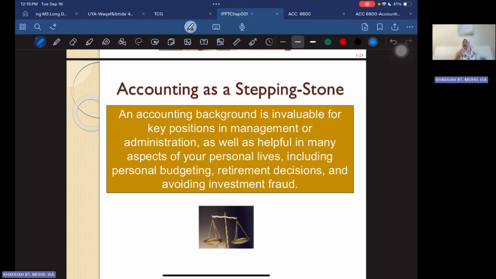So once you have accounting knowledge, it is normally a stepping stone, very invaluable for key positions in management or administration. You see that even a person with an engineering background, or an architecture background, for you to have a project, normally you will have to come up with a business proposal. So what is a business proposal?